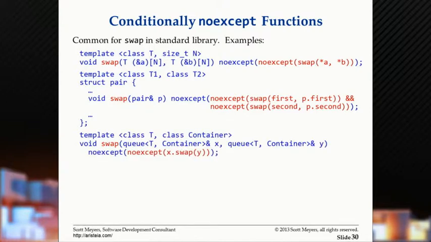And this is swap for a queue. So this is the non-member swap for two queues. And what it says is it's noexcept if the member swap for the queues is noexcept. So you'll see that there's a lot of conditional noexceptness for various swap functions.